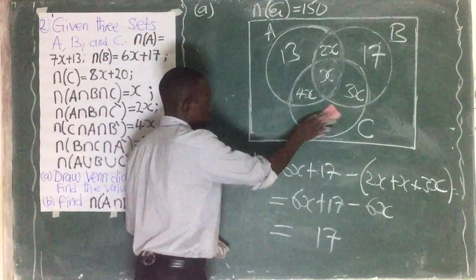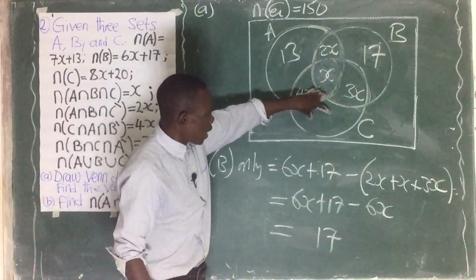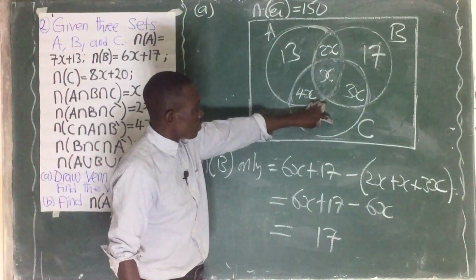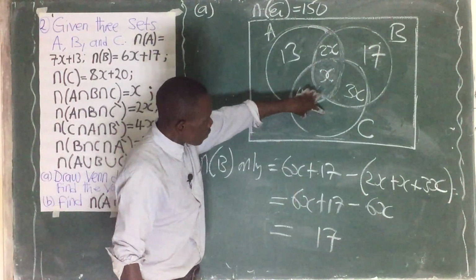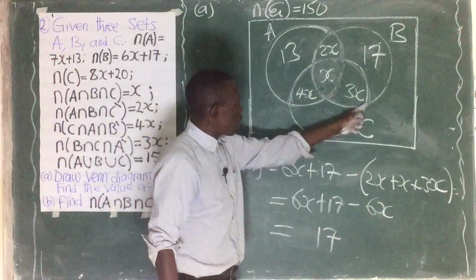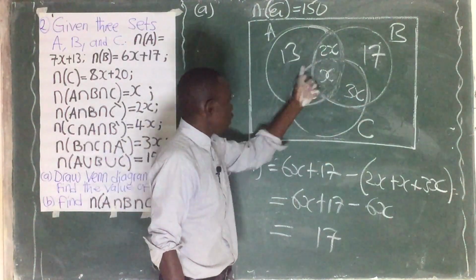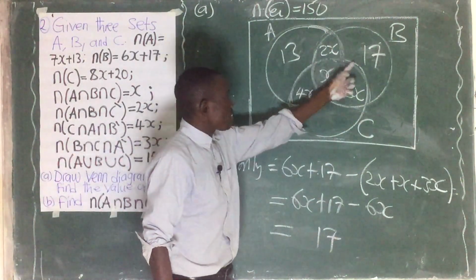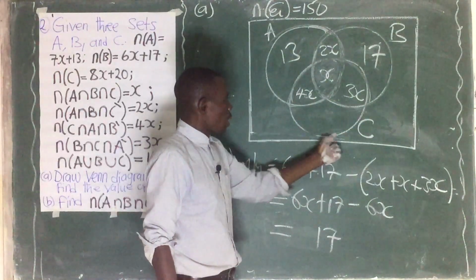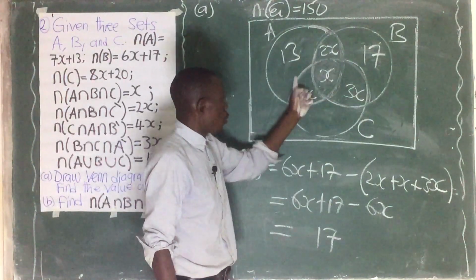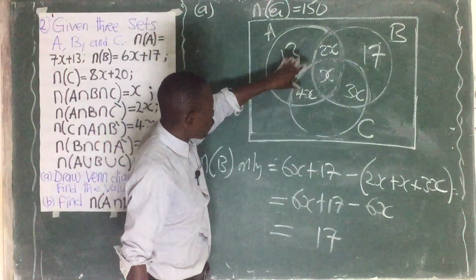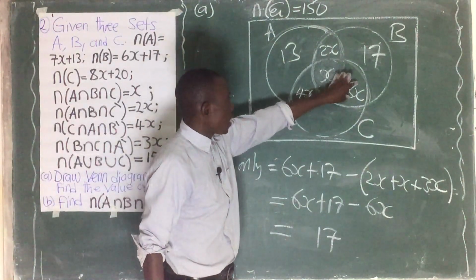Lastly, what I need is the value of this space here. This simply means C only. How many do I have for C only? Right. So for C only, I will use the entire circle here to say how many you have in C as a whole. So that number of elements in C as a whole should subtract a sum of 4x and 3x.